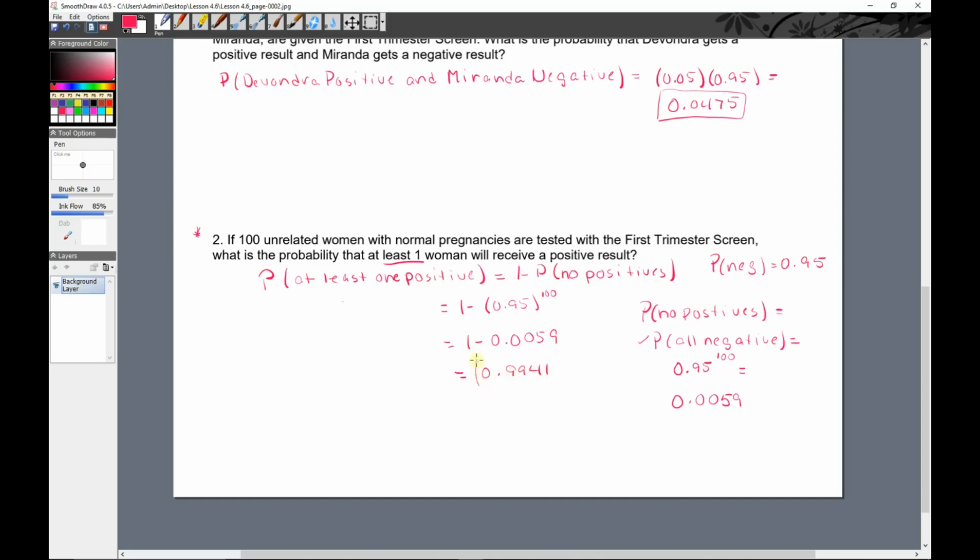See how much quicker that is than trying to figure out all the different ways that you could get at least one woman with a positive result and adding them all up. There's literally thousands upon thousands of ways. But if we just subtract the other option, which there's only one way to do, that probability from 1, then we immediately get the answer for at least one positive.